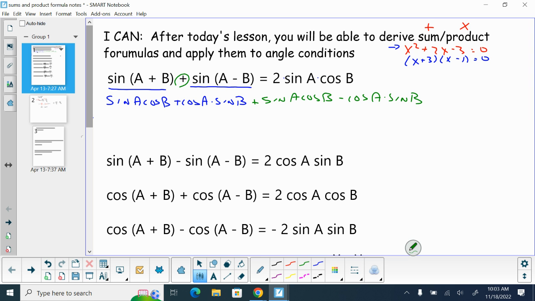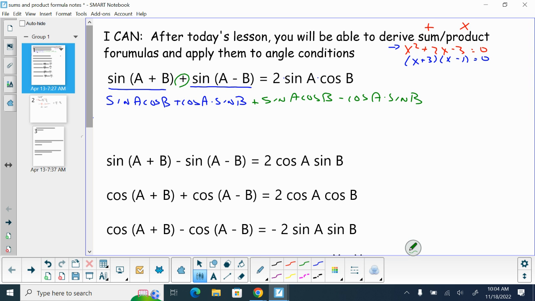Now, if we look at what we have here, we have 4 terms: sine a cosine b, cosine a sine b, plus sine a cosine b, minus cosine a sine b. If I look to combine my like terms, like terms means everything has to be identical.